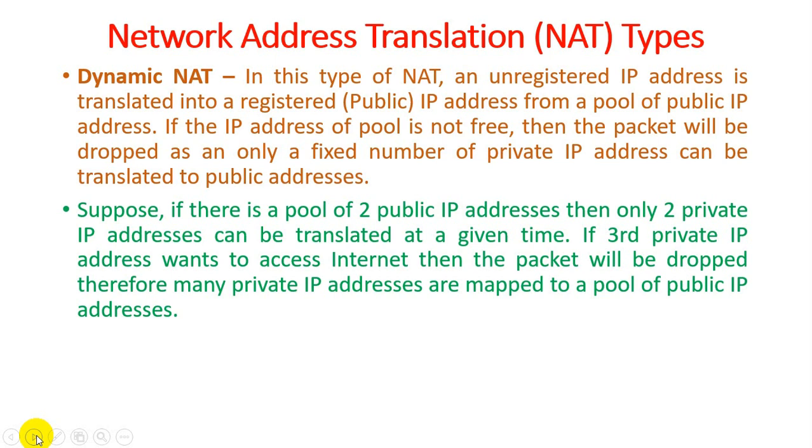Just focus: within a particular session only 2 private addresses access through the public addresses, but after that session, another 2 private IP addresses can use those same public addresses.